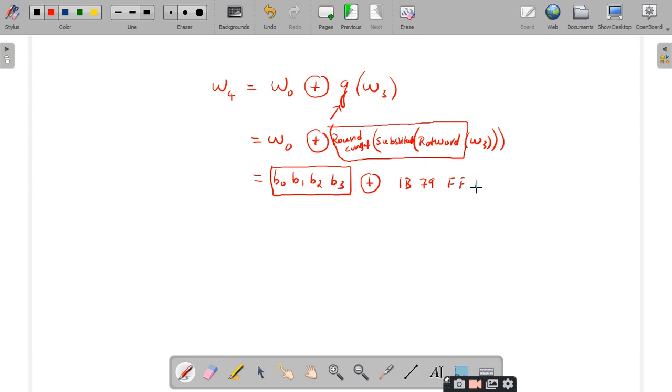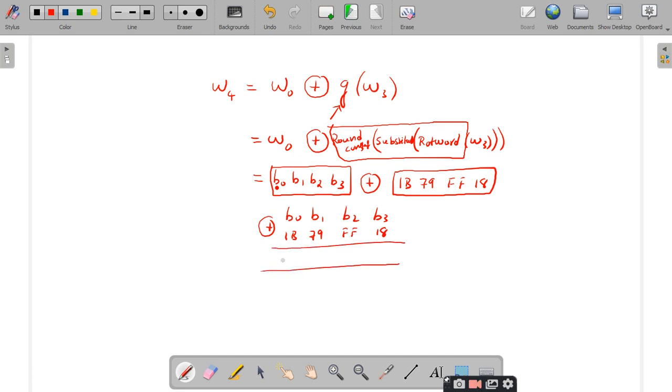Now you have to perform the exclusive OR operation of this B0 with 1B. I am not taking the values of this one, right? You can take some example and explain. That's not an issue. FF and 18. You have to perform the exclusive OR operation. So whatever result you get, that is equivalent to W4. So this is the step you have to follow.